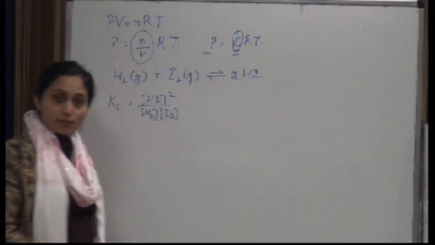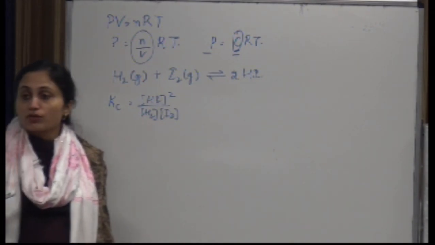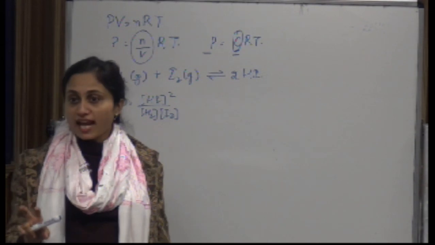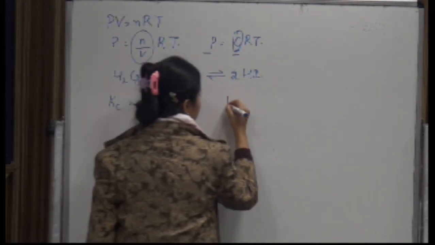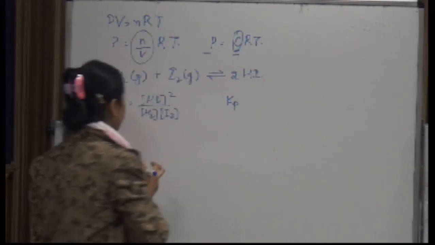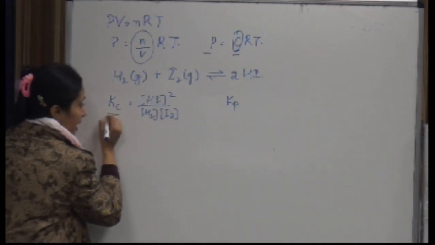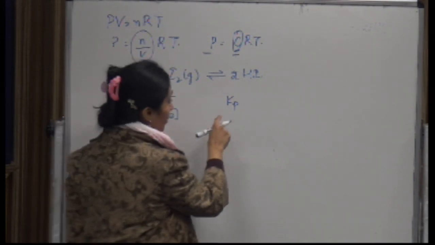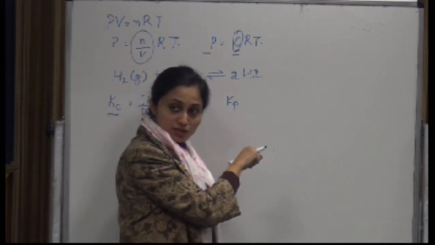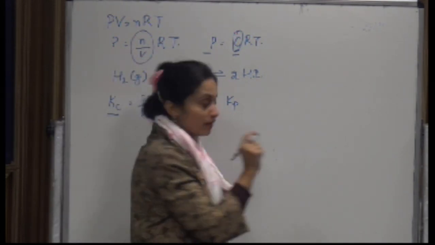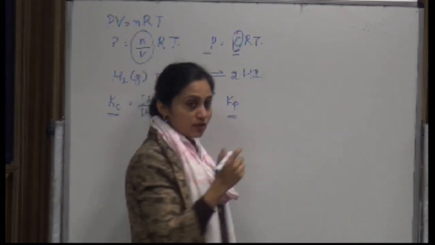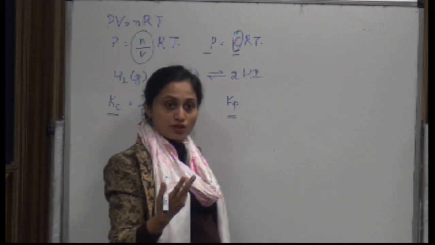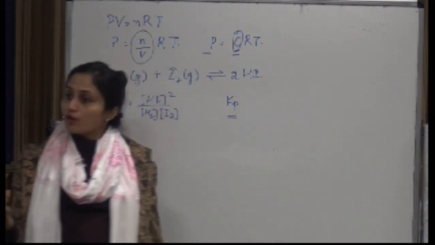Similarly, I can write the equilibrium constant in terms of pressures of the gas, and I will call it Kp. Here I am referring to pressure, so I write Kp, just as I write Kc for concentration. This also follows the law of equilibrium.